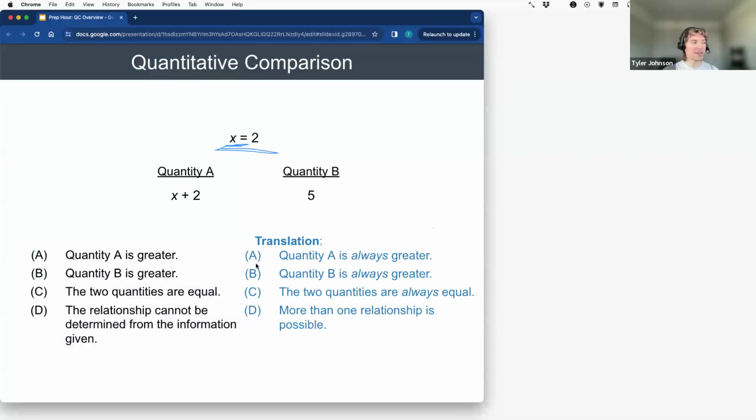And to translate them, answer choice A reflects the situation where quantity A is always the bigger value. Choice B is the opposite, that quantity B is always the bigger value. Choice C is the case where the 2 quantities are always equal, and always being the operative word there. If it's ever a situation where it's not consistent, if sometimes they're equal, but sometimes quantity B is greater, anytime there's more than one relationship possible, that would make the answer D.